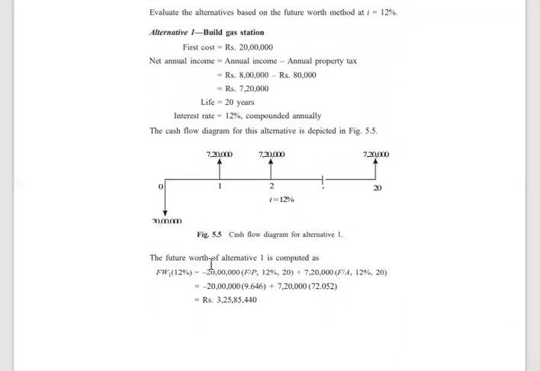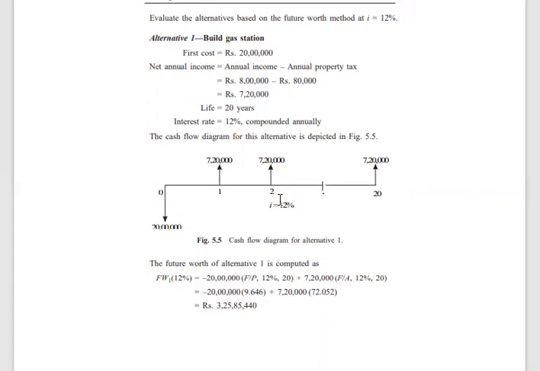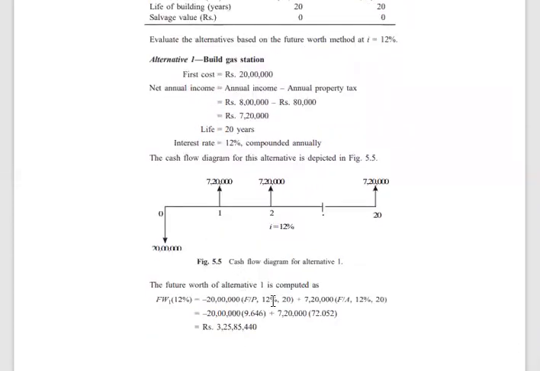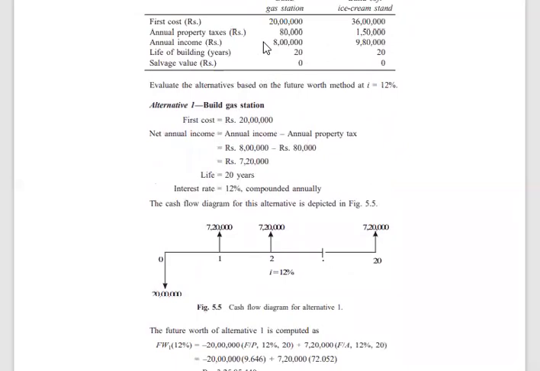Here the future worth of alternative one is computed as we saw earlier. So the first principal cost with F by P. Again, you check the previous one, F by P with a particular factor, and along with that you have to say what the 12% is.